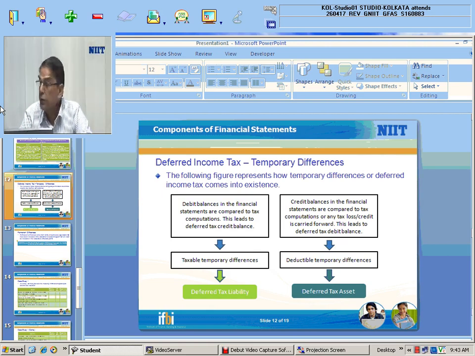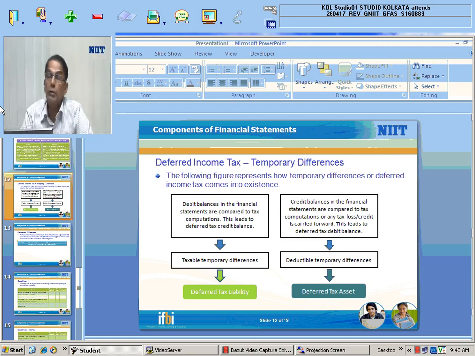So IAS 12 recognizes deferred tax liability for all taxable temporary differences and deferred tax assets for all deductible temporary differences.